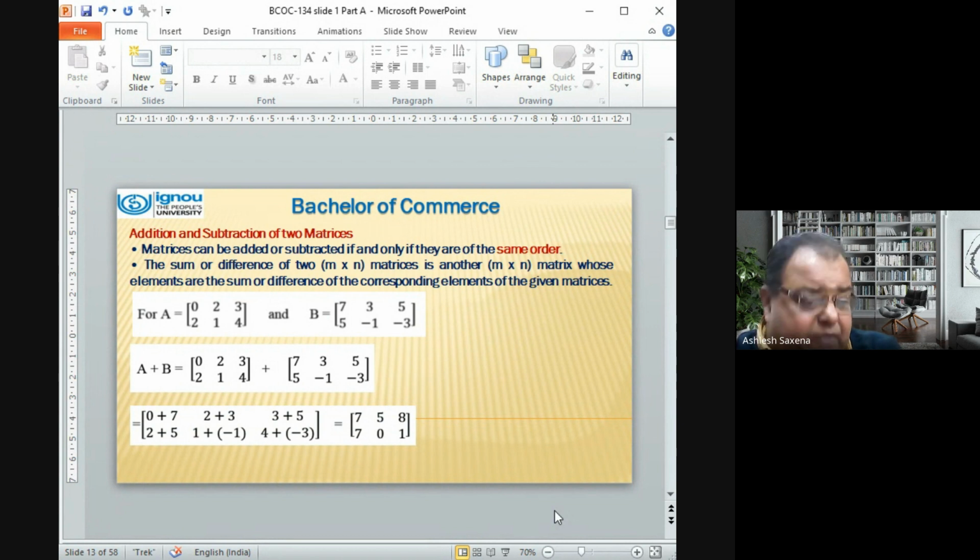Once this is performed, you can see that 0 plus 7 is 7, 2 plus 3 is 5, 3 plus 5 is 8, 2 plus 5 is 7, 1 minus 1 is 0, 4 minus 3 is 1. This is addition of two matrices.